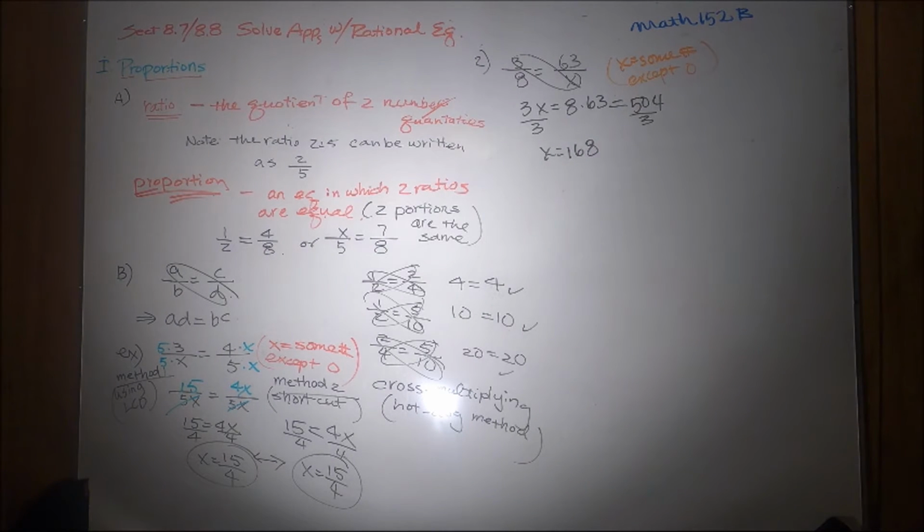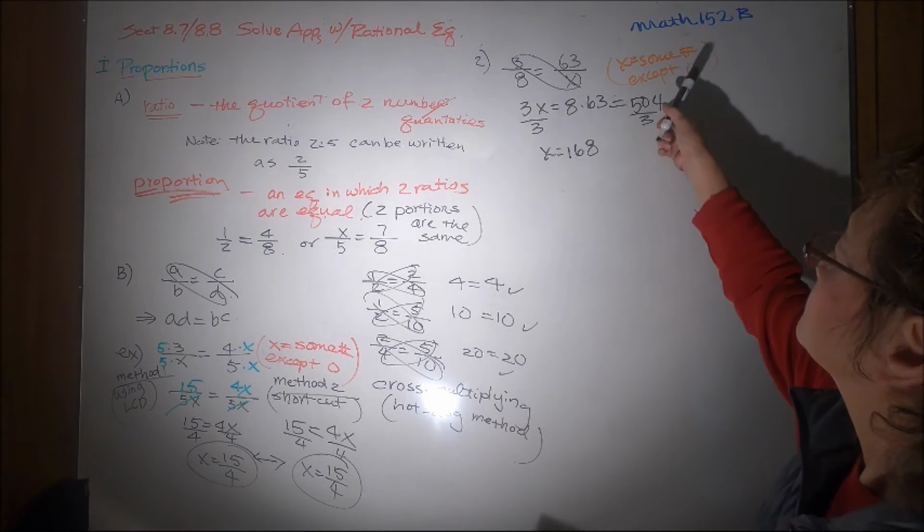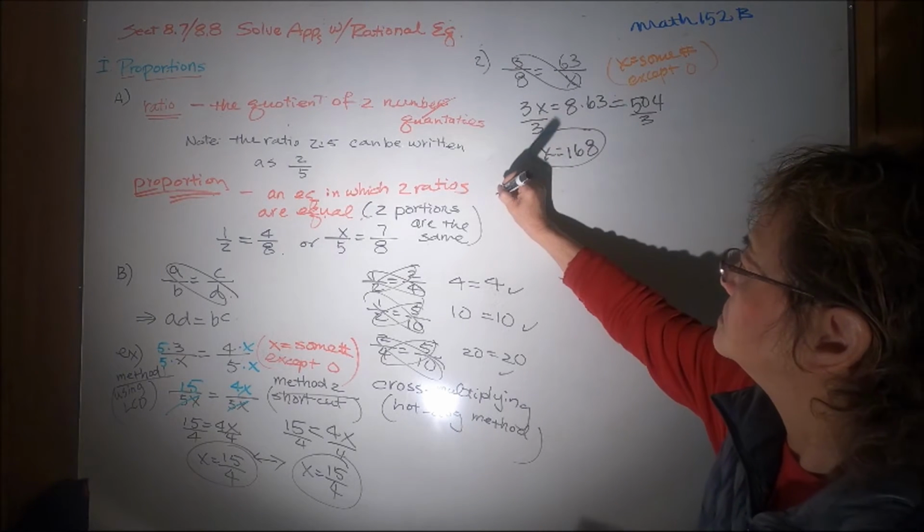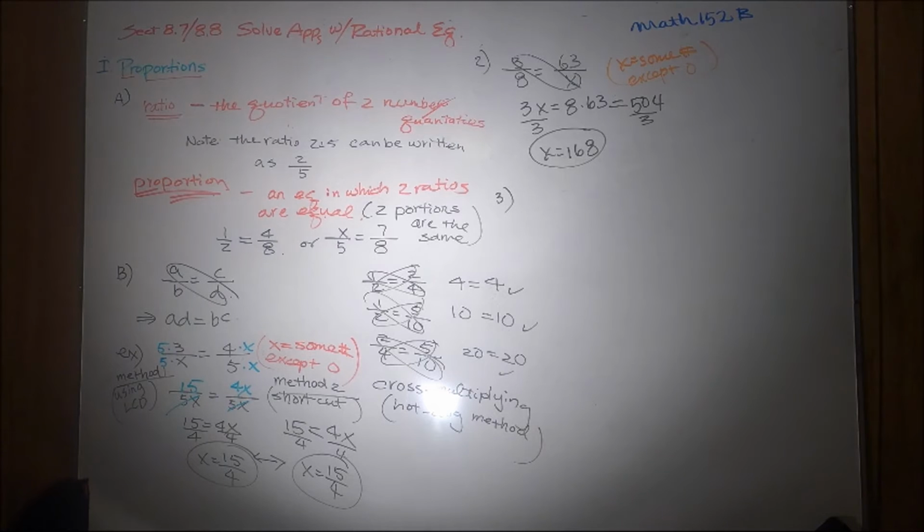Can I circle the answer? Because it's not 0. Right? So we are doing the proportion, which is a special case of the rational equations. It's just a shortcut.